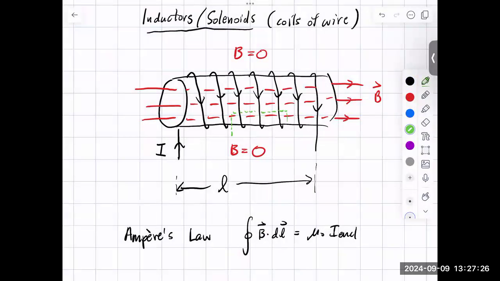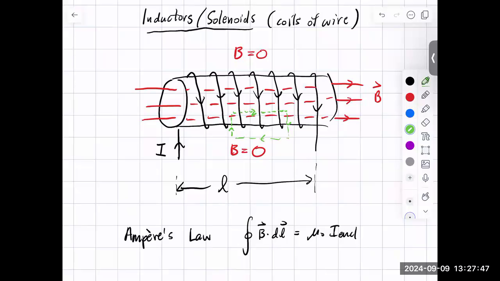To do Ampere's law, the first thing we do is pick a little loop, go around this loop and evaluate B dot dl. Outside here, B is 0, so this outside part of the loop does nothing.